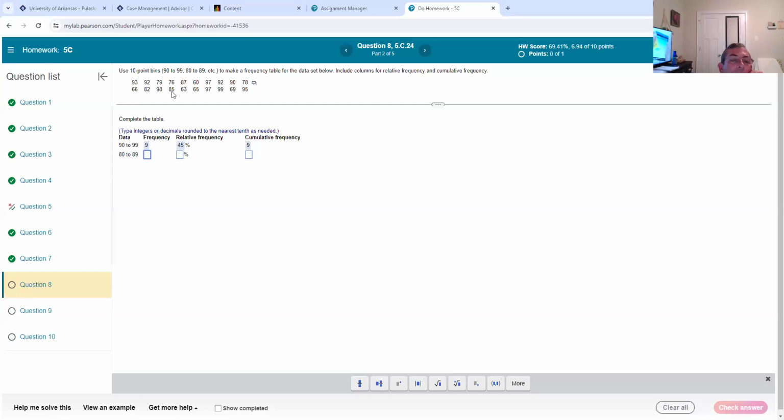Oh, and I do have an 85. So it looks like I got 3 of them in that range. So now we want 3 divided by 20 times our 100. And y'all, that one I think we're getting about 15.